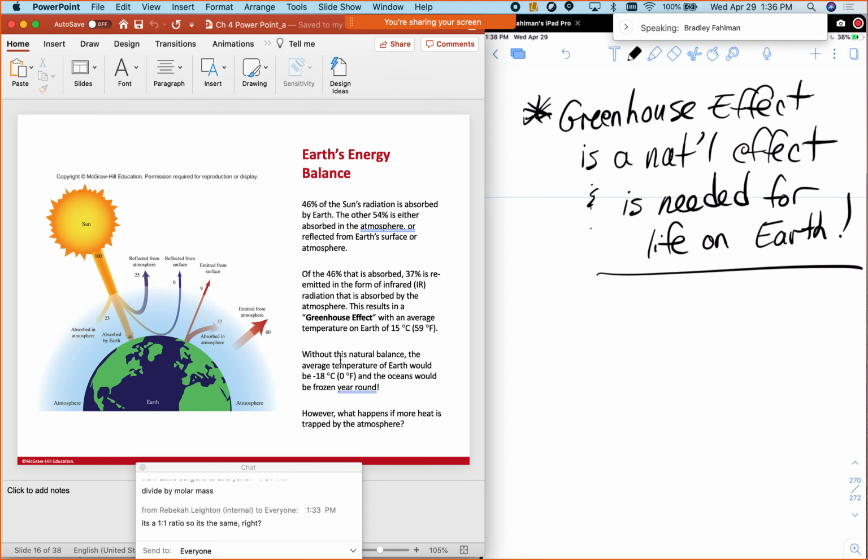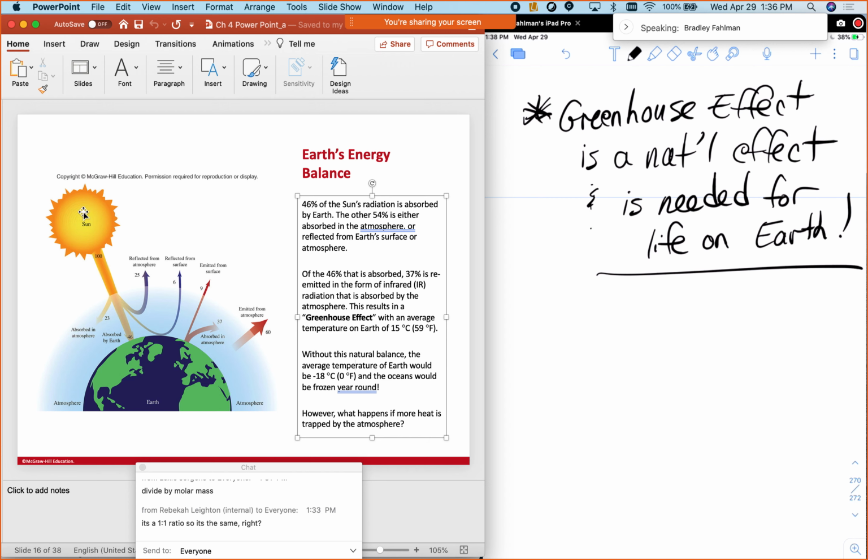So this greenhouse effect is really what gives us this average temperature of Earth of 15 degrees Celsius. It's actually going up in recent years on average, but we aren't at minus 18 most of the time, because of this.